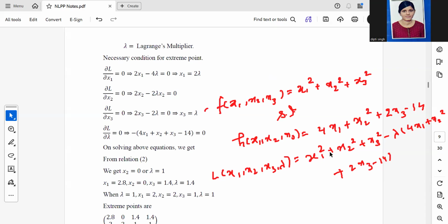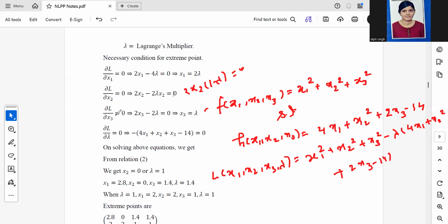If we calculate del L over del x2, we obtain twice of x2 minus 2 lambda x2, equal to 0. This can be written as 2 times x2 times (1 minus lambda) equal to 0. So from here we can see that either x2 is 0 or lambda equals 1.